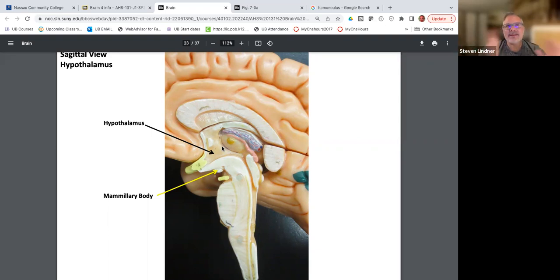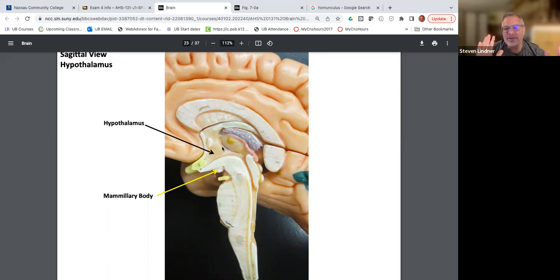So one's kind of like the accelerator and the other is like the brake. You're always in a driven state, always in a sympathetic state. But when the parasympathetics engage, it slows things down for the most part.